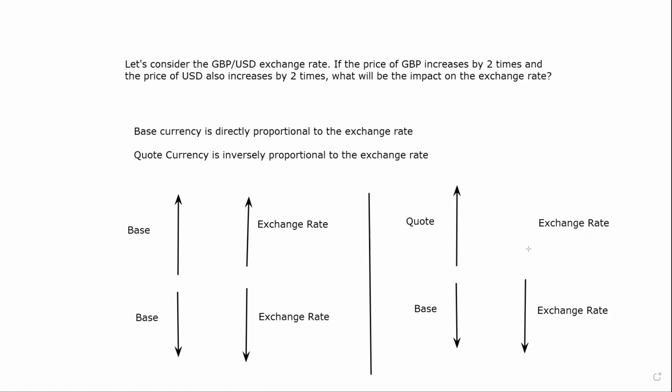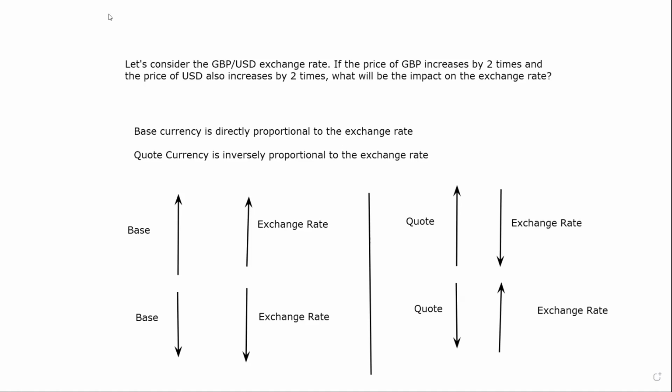There's an inverse relationship between exchange rate and quote currency. And when the quote currency decreases, then the exchange rate will increase. There is an inverse relationship between exchange rate and quote currency, and there is a directly proportional relationship between base currency and the exchange rate. So this is very, very simple.